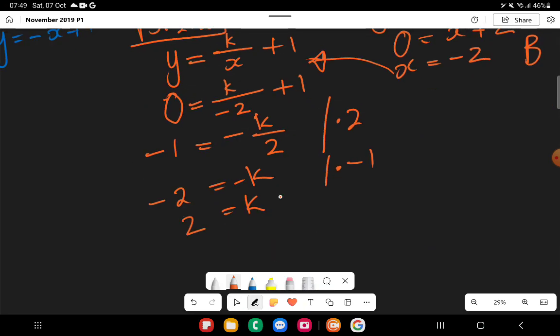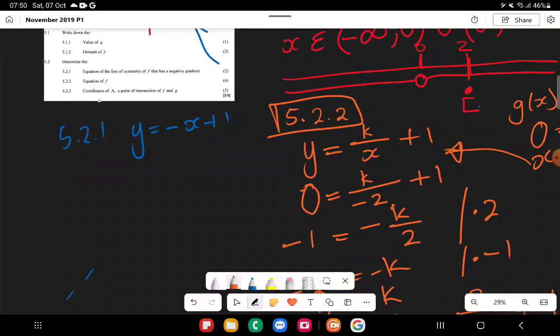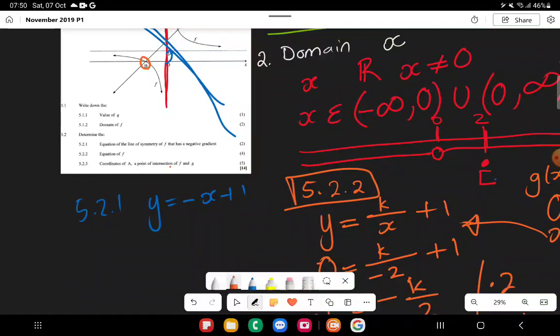Having done all that, I can write the equation saying the f of x is equal to 2 over x plus 1. And that's the equation for the f of x. Any more questions? Yes. What are the coordinates of A, which is where the f of x equals the g of x?